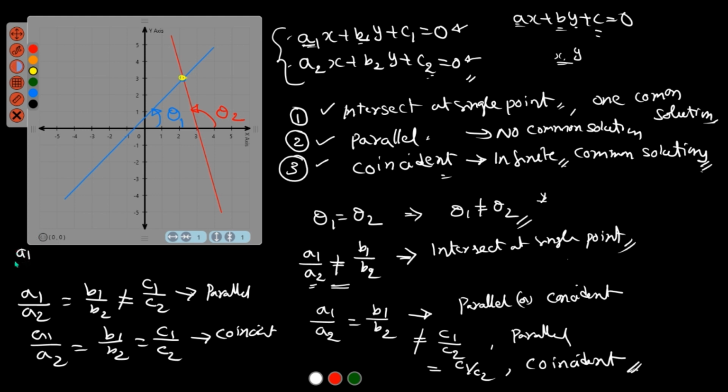If a1 by a2 is not equal to b1 by b2, you need not check c1 by c2. These are intersecting lines at a single point.